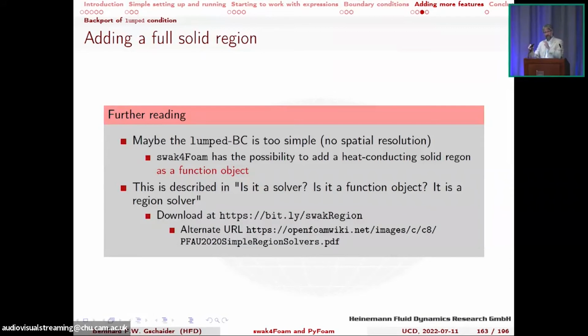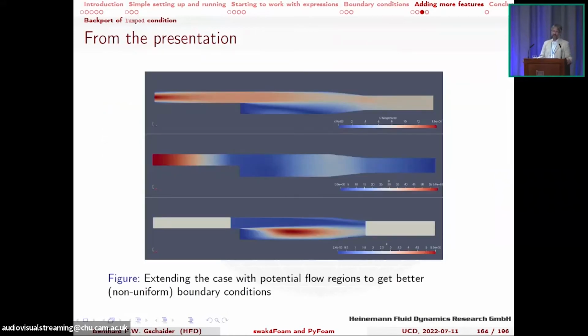You have to set up a special mesh region, but it does heat transfer in this region. I use it for adding conjugate heat transfer to solvers that don't have it and where I don't want to add it.